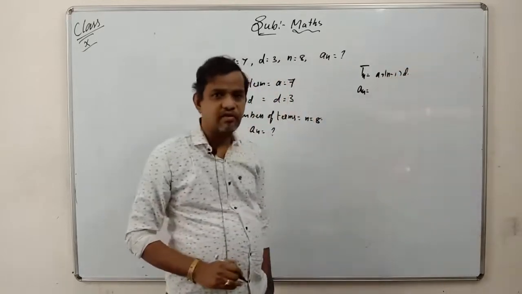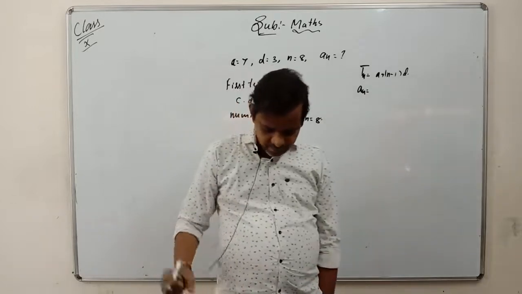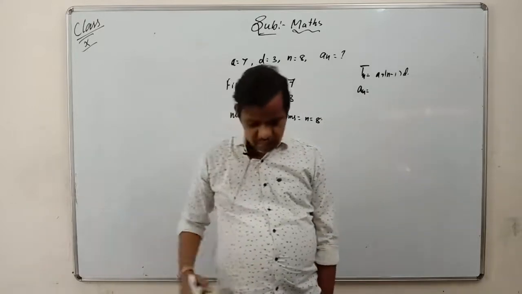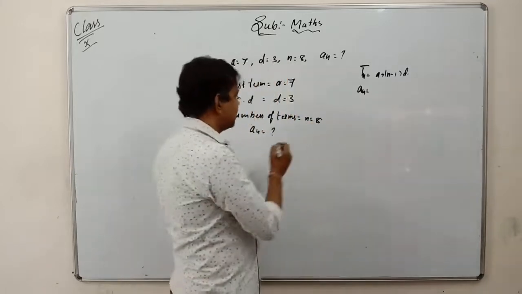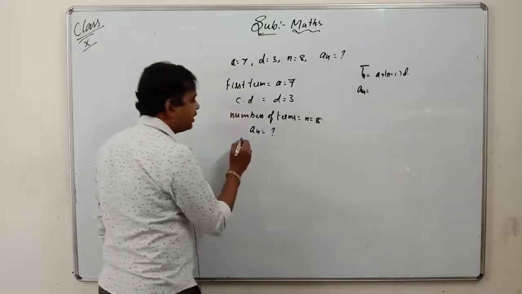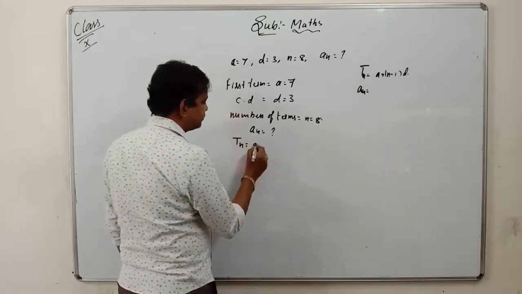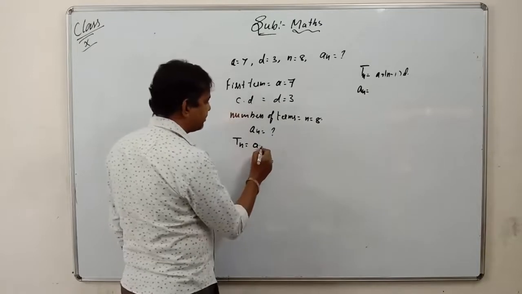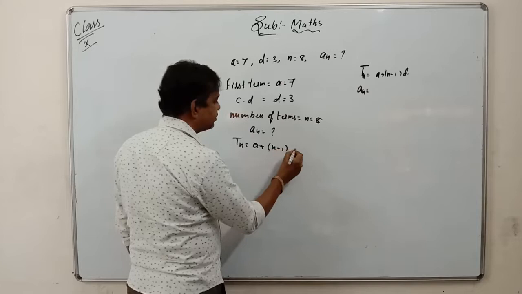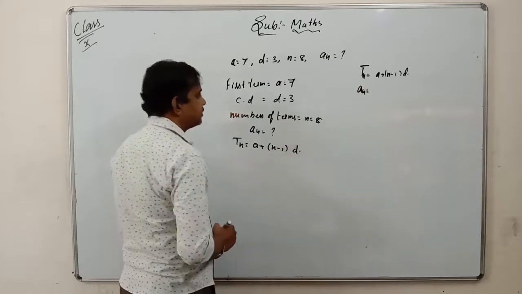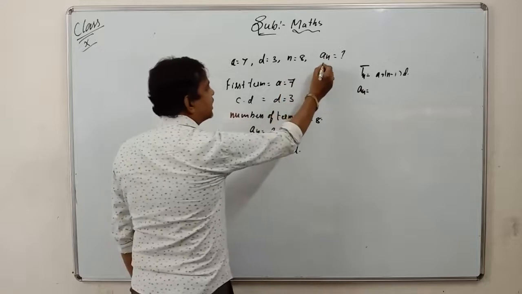The same formula we will use here. So we know that from the AP I can write Tn or An. So let Tn equals A plus (N minus 1) D. We don't know what Tn is, so you have to find Tn here.